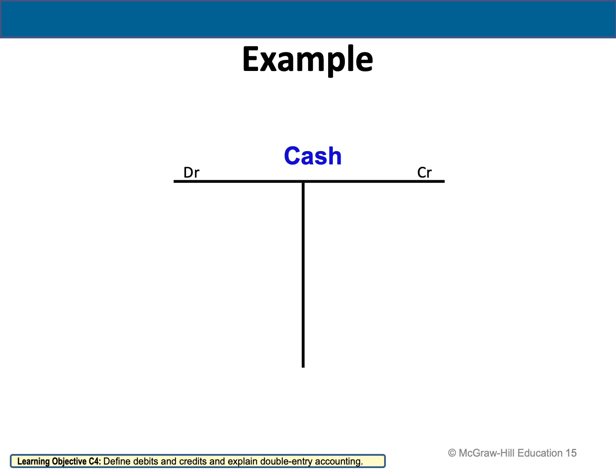If the cash is going to increase and the cash is an asset, I'm going to record the 200 on the debit side because the cash is increasing. Well, if they told me that the cash is decreasing by 50, where am I going to record it? Of course, I'm going to record it on the credit side, because the cash decreases.